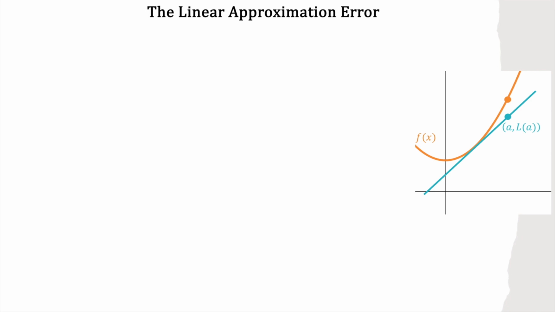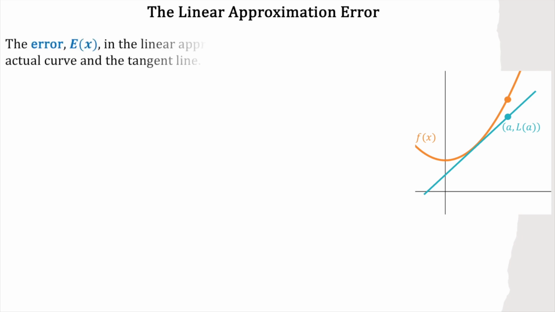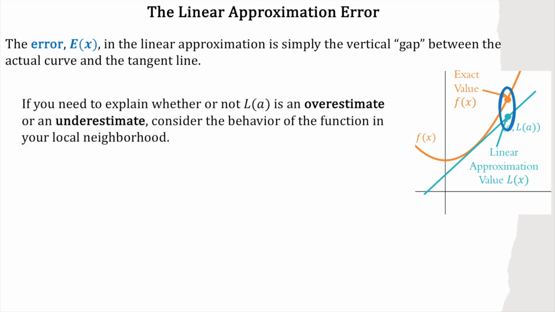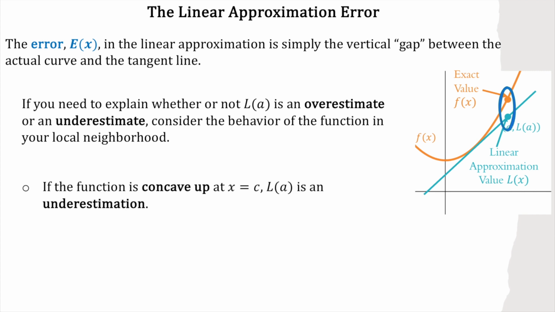Speaking of approximations, you're not going to get an exact answer. The linear approximation error is simply the vertical gap between the actual curve and the tangent line. So you have an exact value, you have your approximation, and then that gap, that's the error. If you need to explain whether or not L of a is an overestimate or an underestimate, consider the behavior of the function in its local neighborhood.